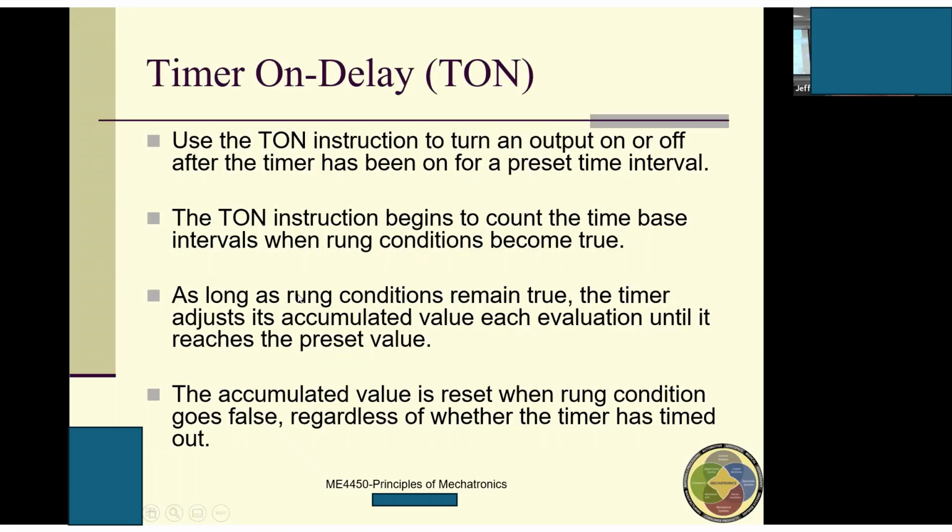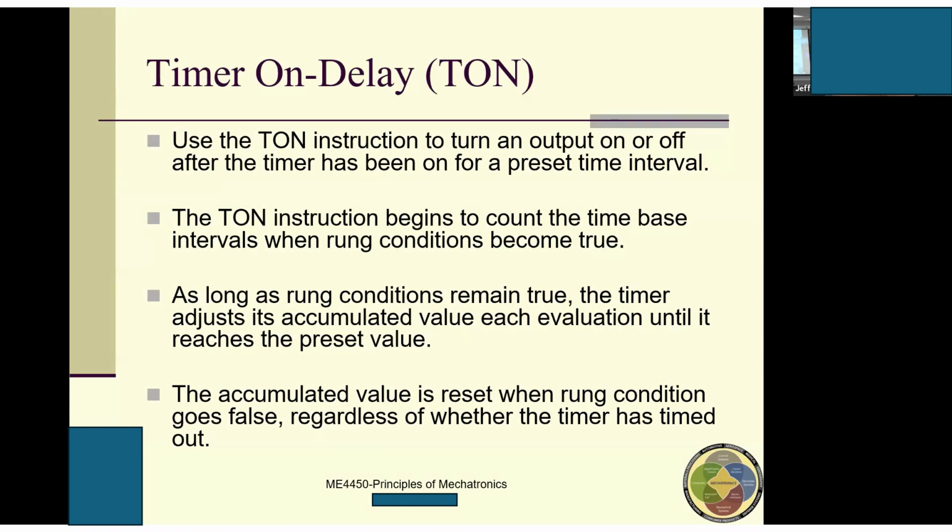As long as the run conditions remain true, the timer adjusts its accumulated value each evaluation until it reaches the preset value. So as long as there is a false to true transition, the timer starts counting until the accumulated value reaches the preset value, and then it times out and the done bit is set.